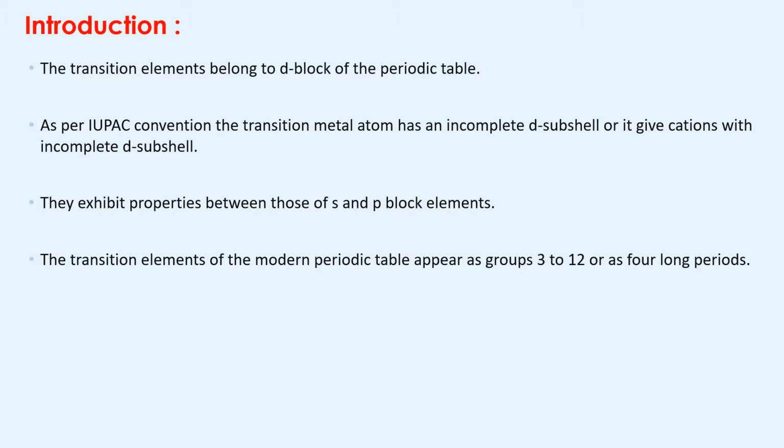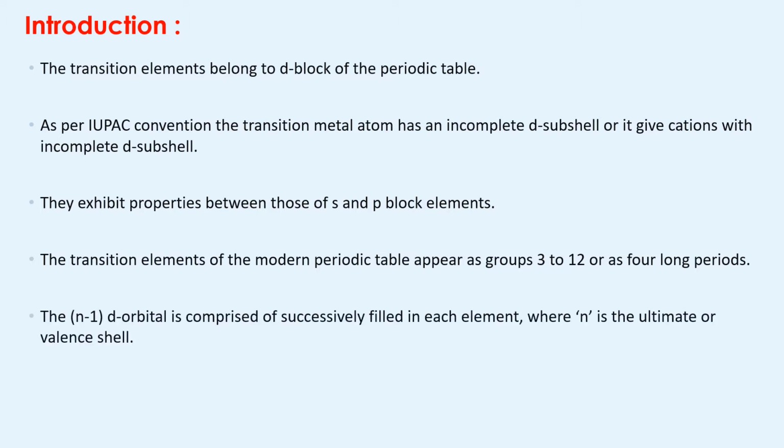So there are a total of 4 transition series. First is your 3d series, then second is your 4d series, third is your 5d series, and fourth is your 6d series. Now, as you know, 3d series means that electrons are present in the n-1 d orbital.